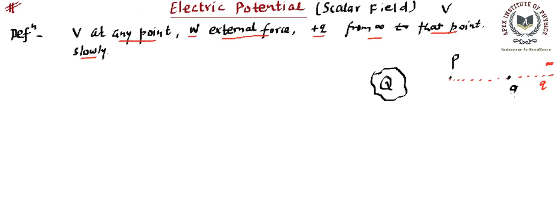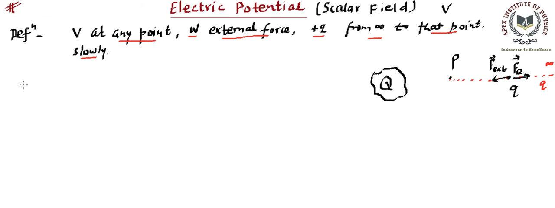There must be a field because of the charge distribution, so there is going to be a force because of the electric field, acting in this direction. In order to bring the charge, we need to apply an external force opposite to this, and these two forces will bring this charge from infinity to point P.